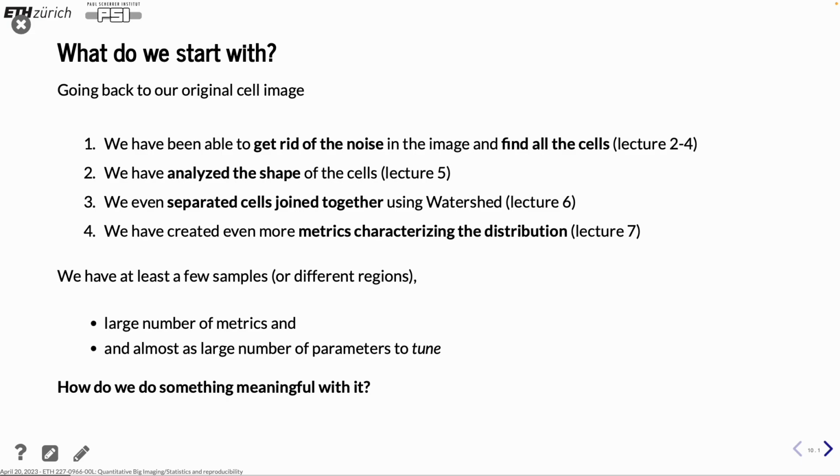Then the thresholding, we needed to find a threshold and tell the thresholding algorithm. Depends a little bit. Some algorithms don't need any parameters, others need a lot of parameters, and so on. So now we need to bring this together in one meaningful workflow.